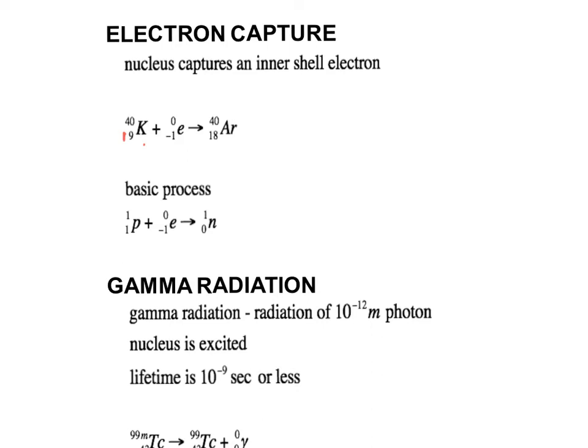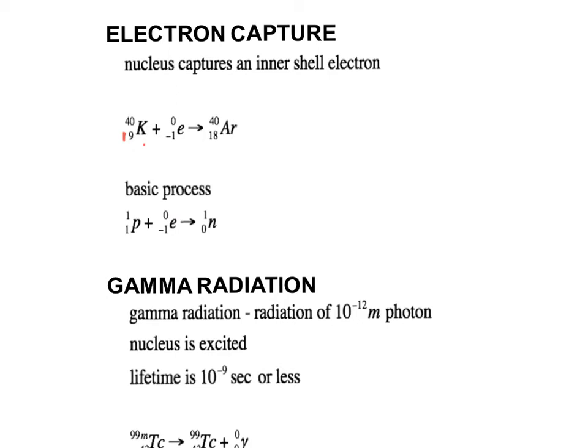So you know there's all these core electrons, and then you have the valence electrons on the outside. One of the core electrons that's very close to the nucleus gets grabbed by the nucleus. And so it disappears, and then you have 19 minus 1 is 18 happening here. The protons decrease, so then you got an increase in a neutron, right? So proton plus the inner core electron forms a neutron for electron capture.